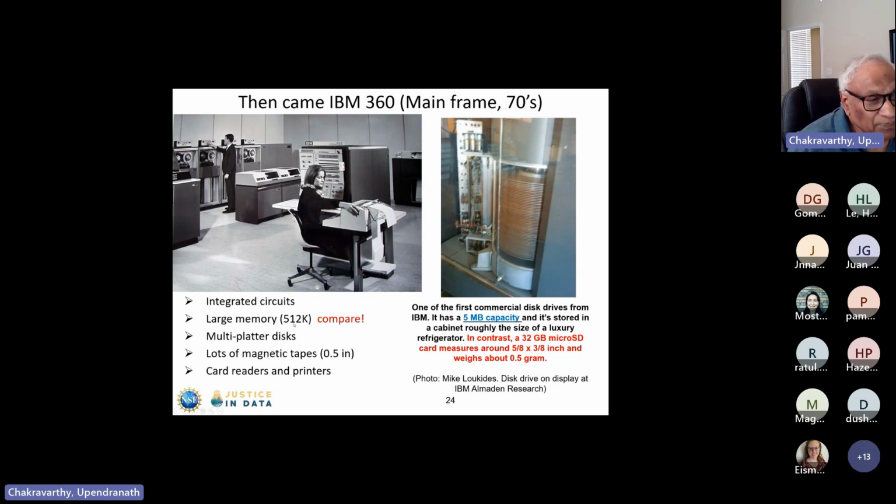And it had a large memory, which was 512K bytes. And it had disks. So here is a picture of a disk, which is almost the size of a fridge, and it only held 5 megabytes.